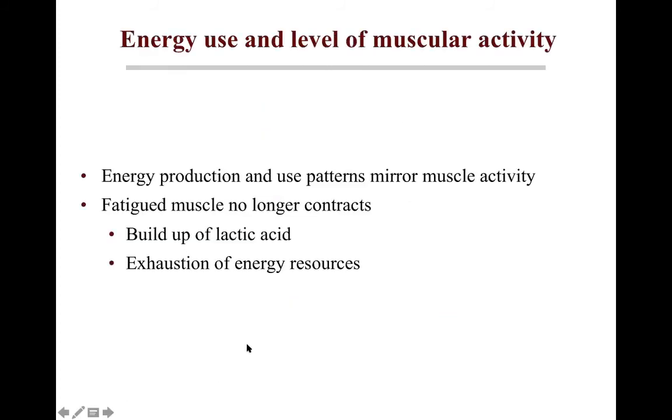I want you to understand that the lactic acid that is built up in the glycolysis process can be detrimental at times, when it can cause muscle fatigue. The exhaustion of energy can also cause muscle fatigue. So the question is, what is muscle fatigue? Muscle fatigue is a progressive weakness and loss of contractibility that results from prolonged use of muscles.